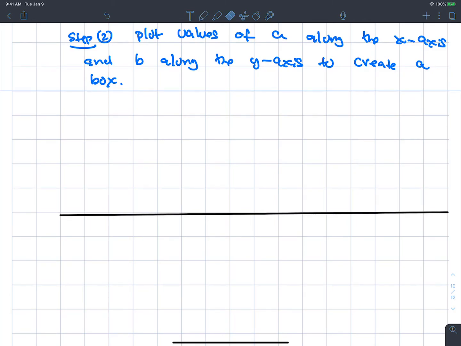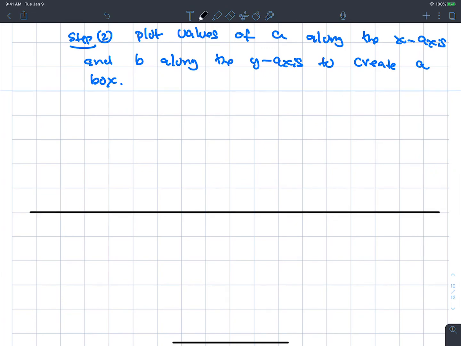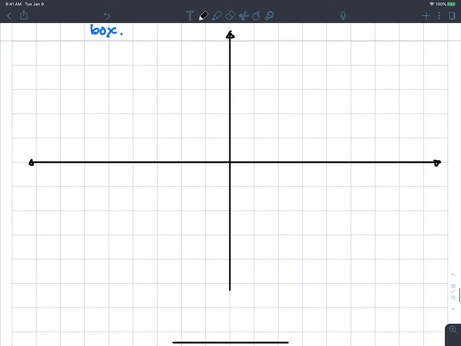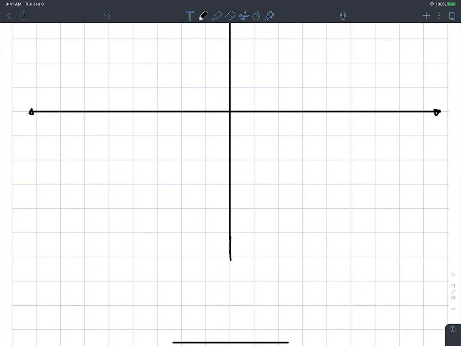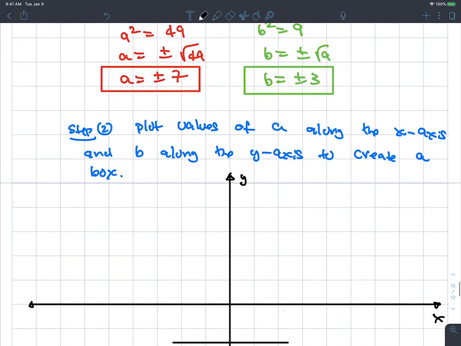In other words, this may not be to scale. So here's the x-axis. Here's the y-axis. So here's kind of what it looks like, right?